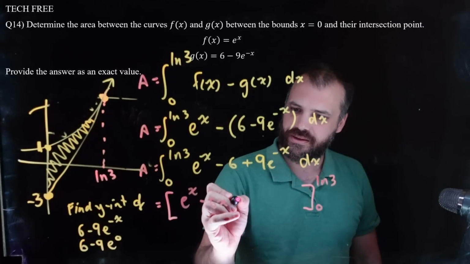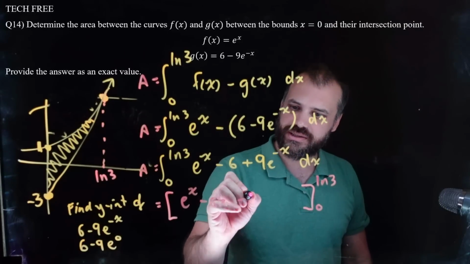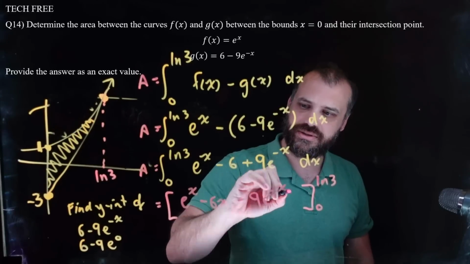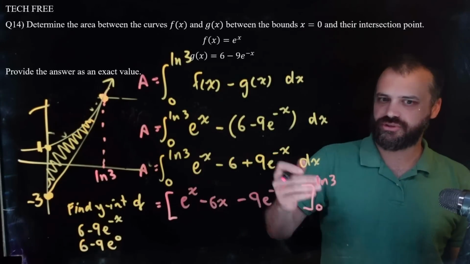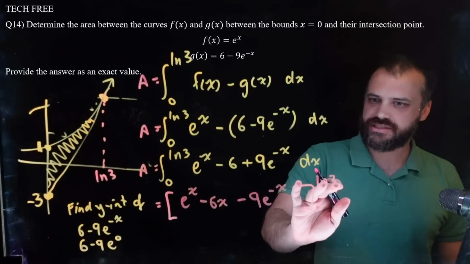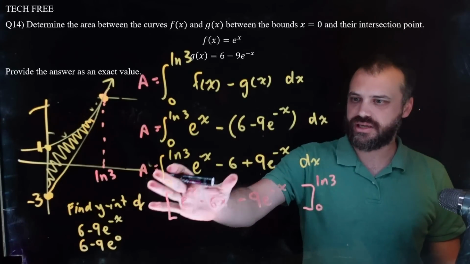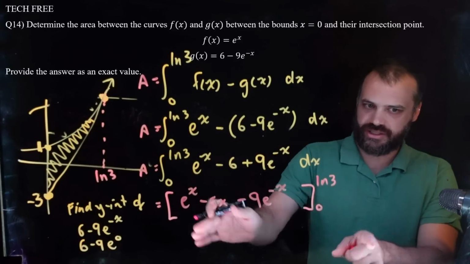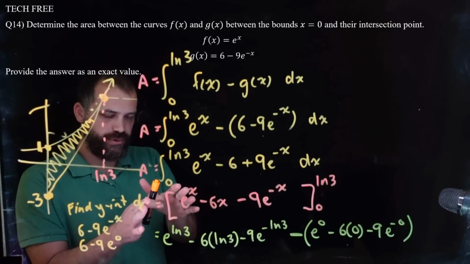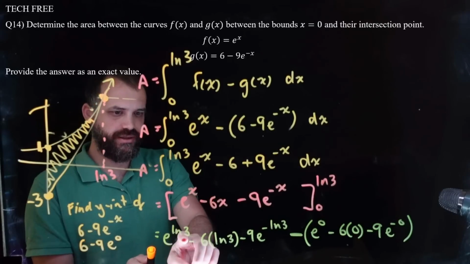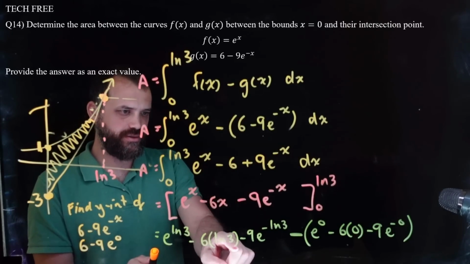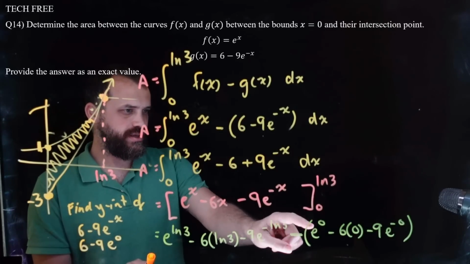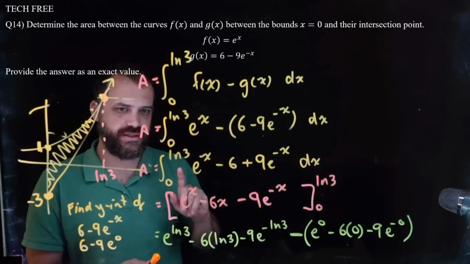So positive 9 times negative 1 is negative 9e to the negative x. So there's my integral of that. And now I sub in ln3 into this, and I sub in 0 into this. So it gets pretty wild here. We're subbing in ln3 for x, ln3, ln3, and 0, 0, and 0.